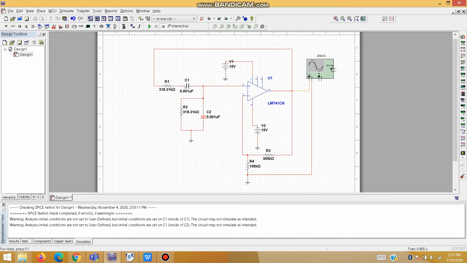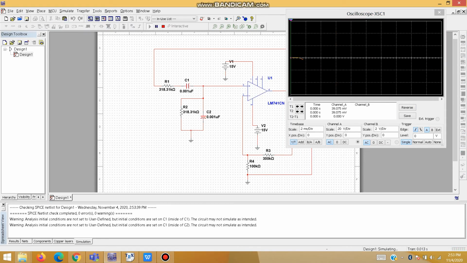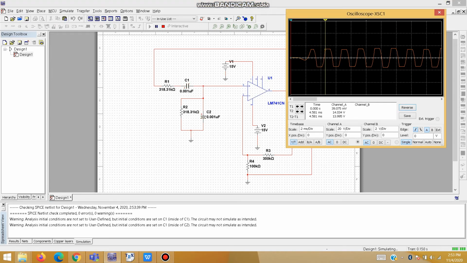When we look at the result, we get a wave that is not as smooth as a sinusoidal wave. Now we measure the period.